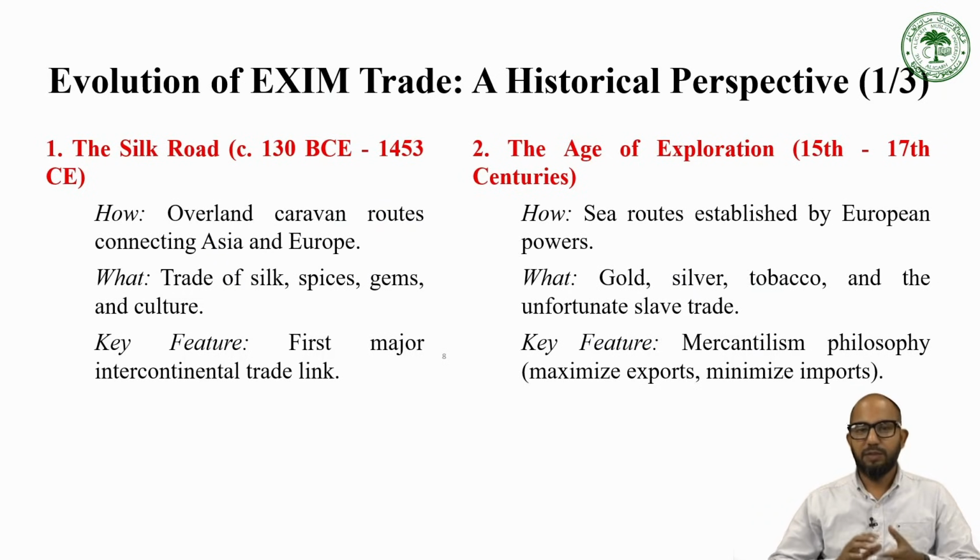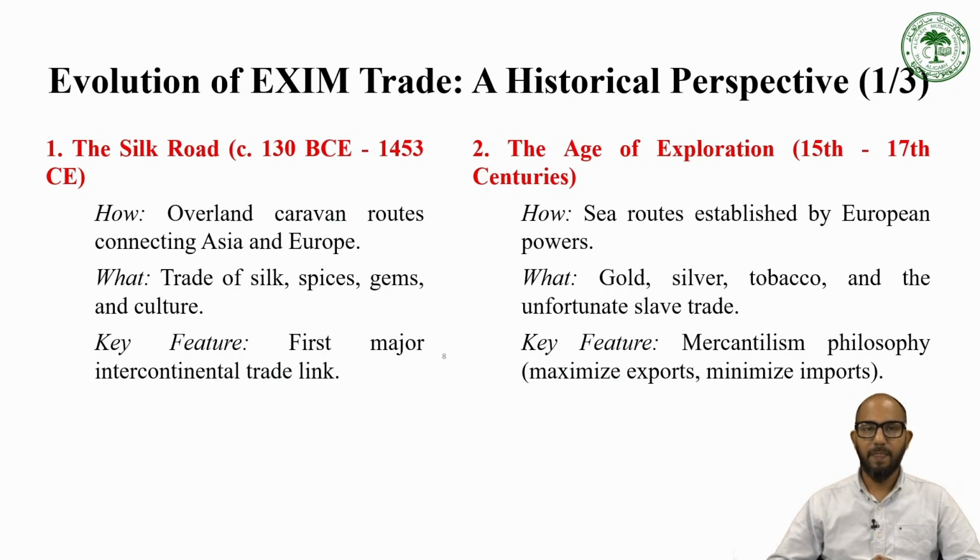The second historical perspective is the age of exploration between the 15th and 17th centuries. It was primarily focused on sea routes that were established by European powers. These sea routes were mainly used for gold, silver, and tobacco trade, as well as some trades related to unfortunate things such as the slave trade.